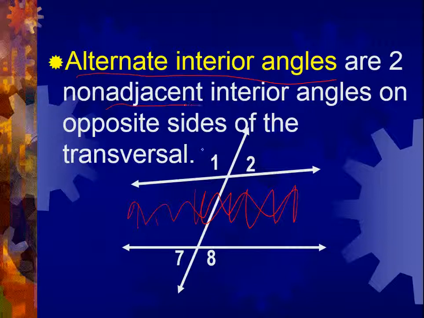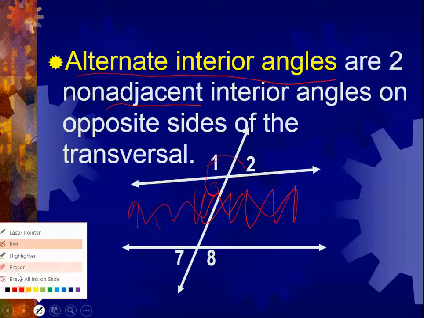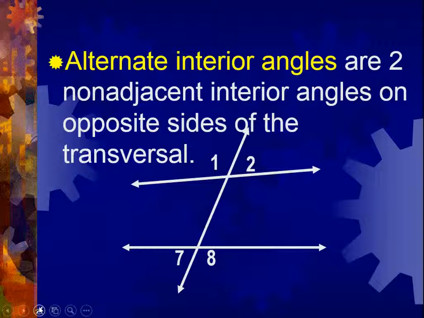So alternate interior angles are two non-adjacent, again, should be a familiar word to you. Adjacent means side by side, like these two, number 1 and 2 are adjacent, but 1 and what we were calling 3, that is also adjacent. Okay. Two non-adjacent interior angles on opposite sides of the transversal.